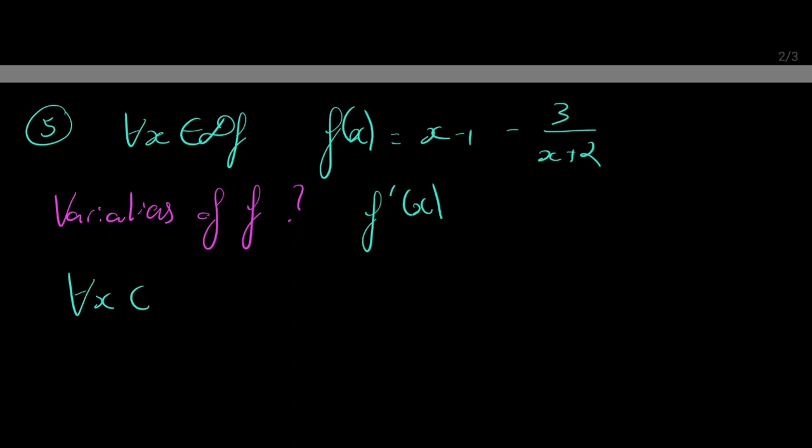For all x in df, f can be derivated, because if x is not equal to 2, we have something that is a polynomial plus an inverse function that does not have a denominator equal to 0, and so that is also derivable.